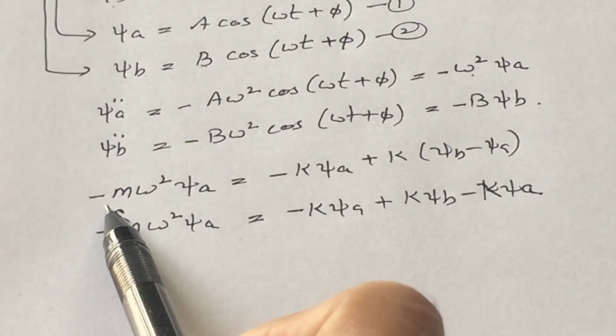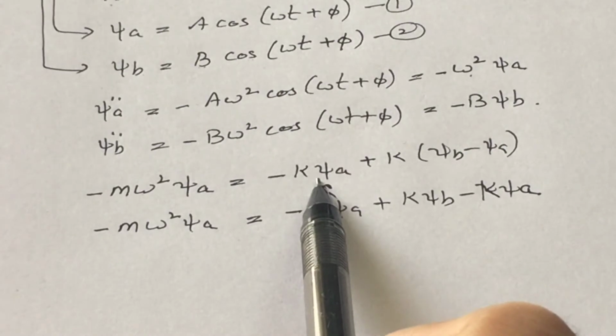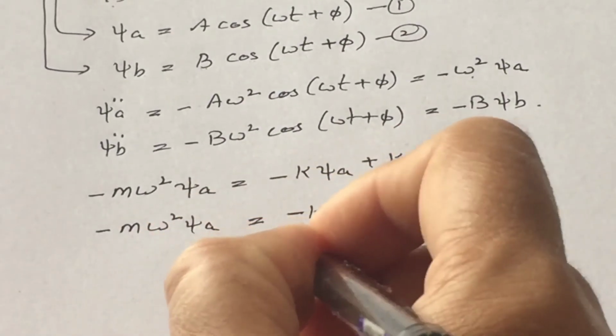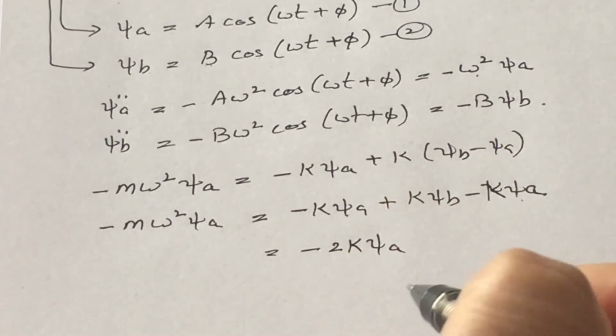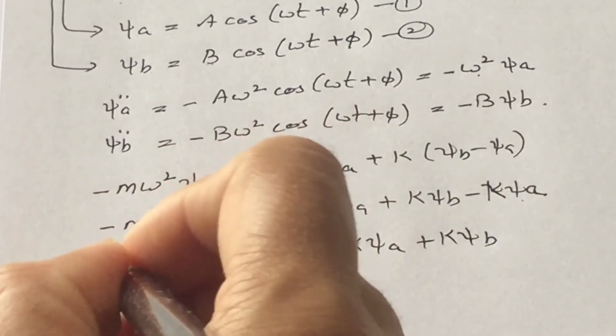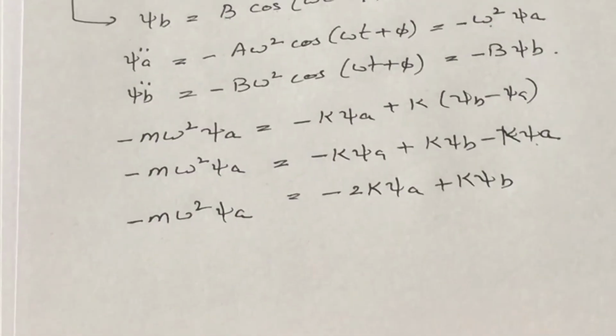We will have minus m omega square psi a is equal to minus 2k times psi a plus k psi b.